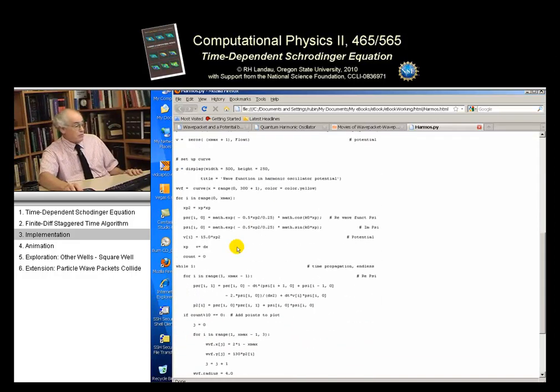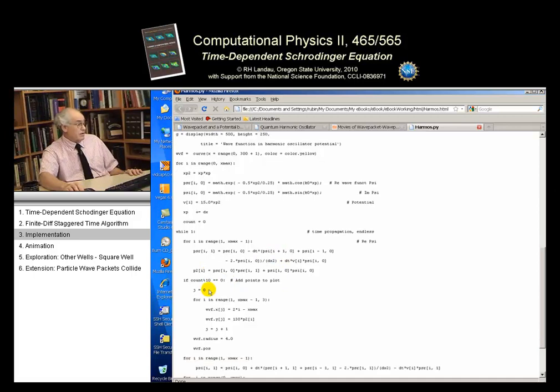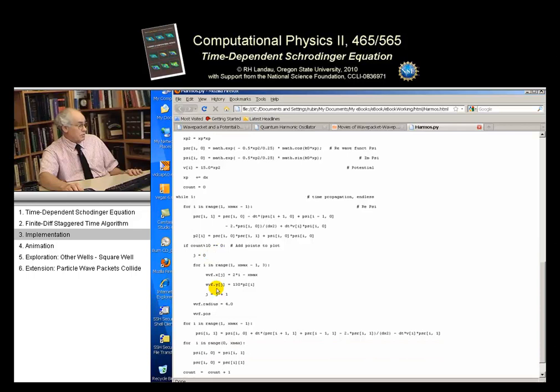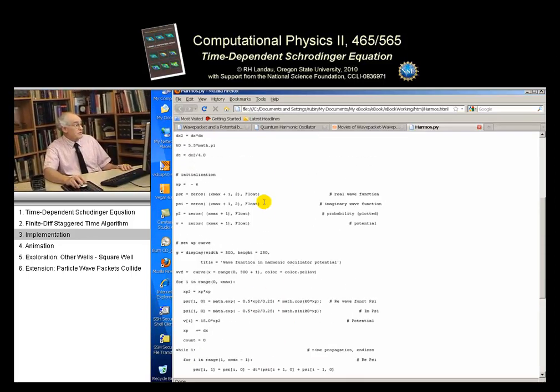And then the algorithm is quite straightforward. There's the real part of the algorithm, and there is the psi squared, and there's psi imaginary here as well. Down below, here's the imaginary part. So the two are there in the code. It's a fairly short code. And what happens?